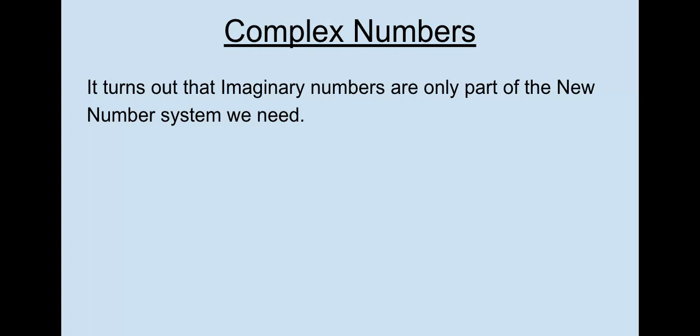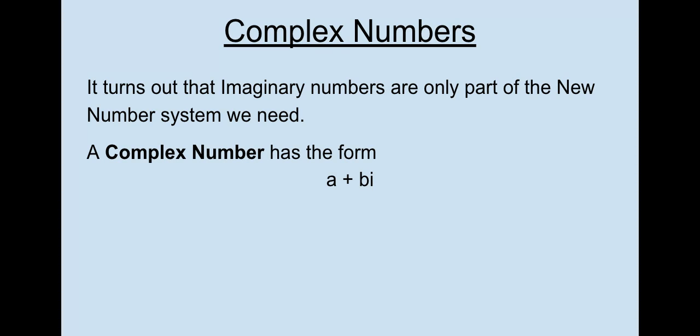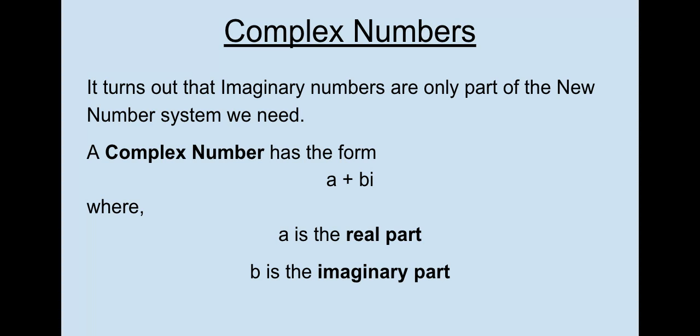So a complex number is kind of the whole number system. It turns out that imaginary numbers are only part of the new number system that was developed. A complex number has the form a plus bi. It is a combination of a real part, which is the a, and an imaginary part, which is the b.